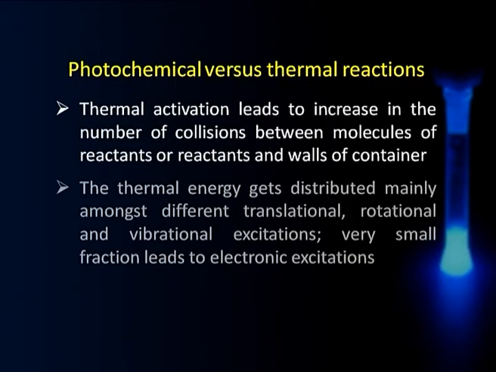Now, what happens to this energy? This thermal energy which has been given to the system gets distributed amongst the different types of motion of the molecule, because molecules are undergoing translation, rotation, vibration, and so on and so forth. So, most of the energy gets into the translation, they start moving faster or rotating faster, they undergo vibrational excitation, and a small part of that energy gets into the electronic excitations. So, that is what happens in case of thermal reaction.